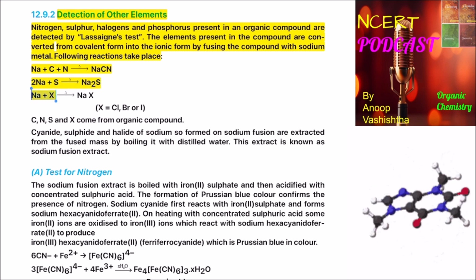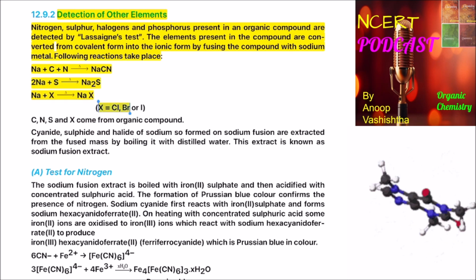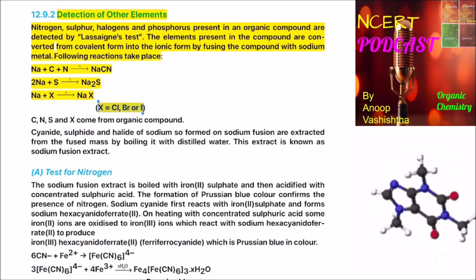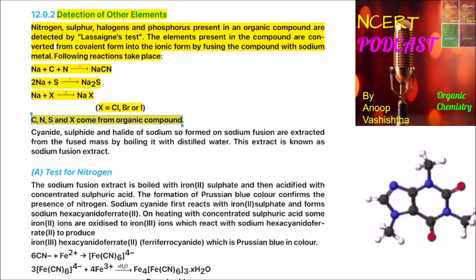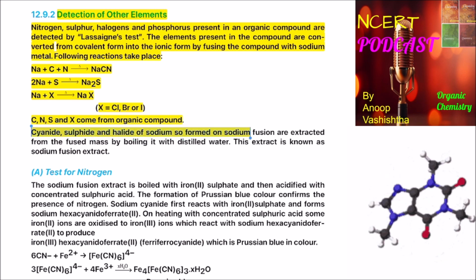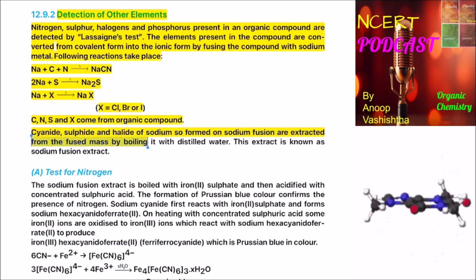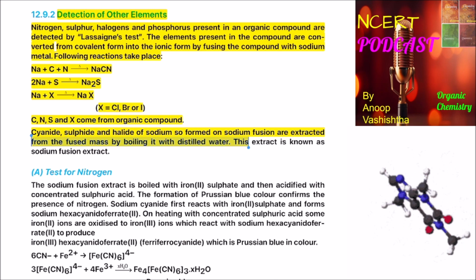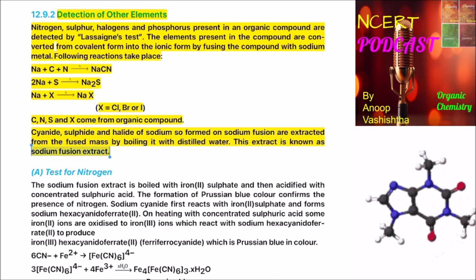Na + X, heat, gives NaX. X is equal to Cl, Br or I. C, N, S and X come from the organic compound. Cyanide, sulfide and halide of sodium so formed on sodium fusion are extracted from the fused mass by boiling it with distilled water. This extract is known as sodium fusion extract.